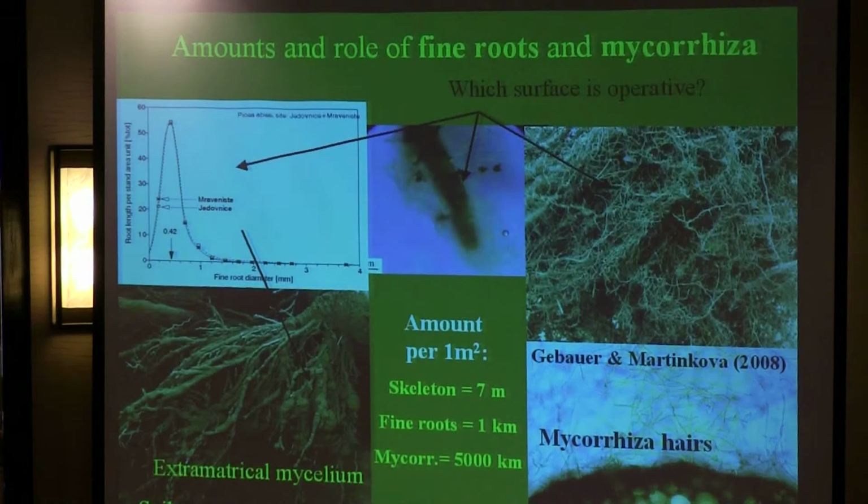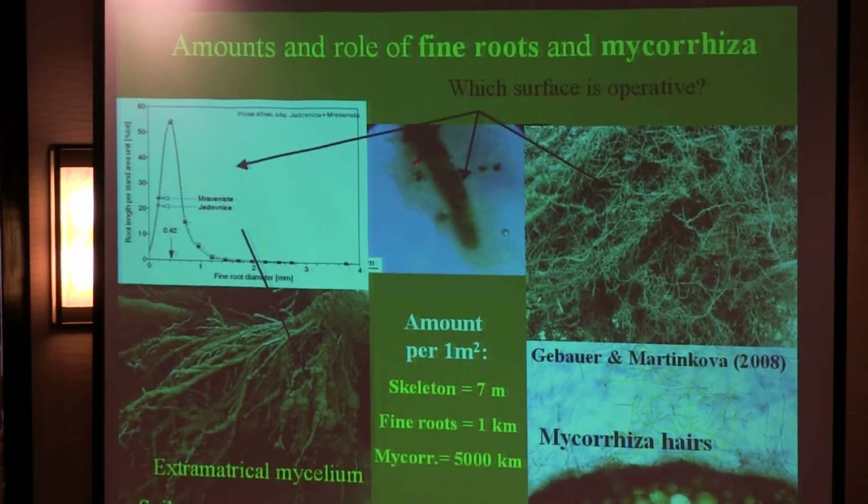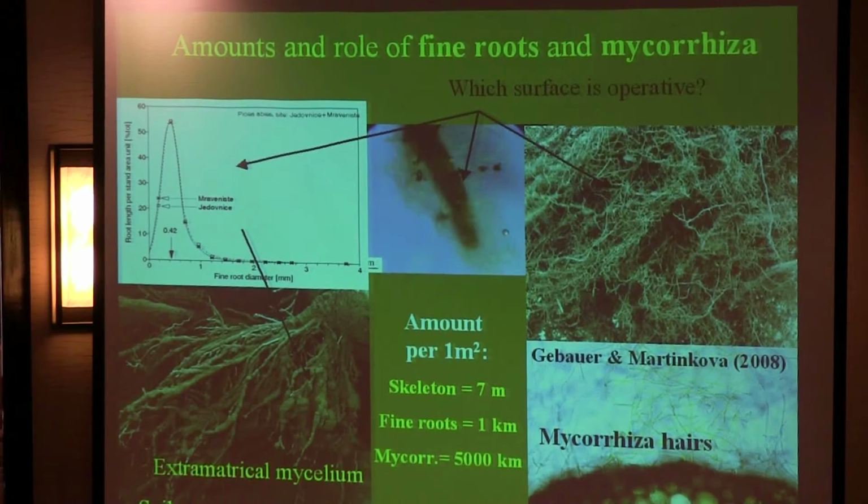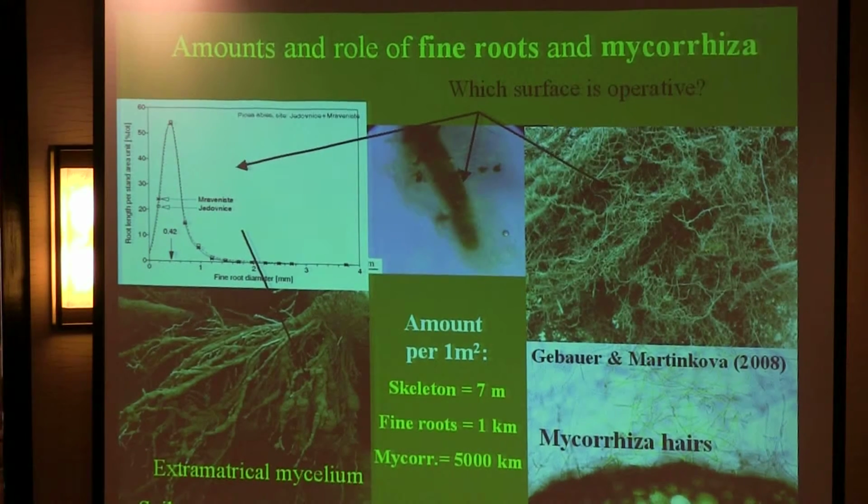Then what we are actually measuring: we are measuring these root tips, because up to here the root is suberized, and the mean diameter of the root is 0.42 millimeters, so very narrow.